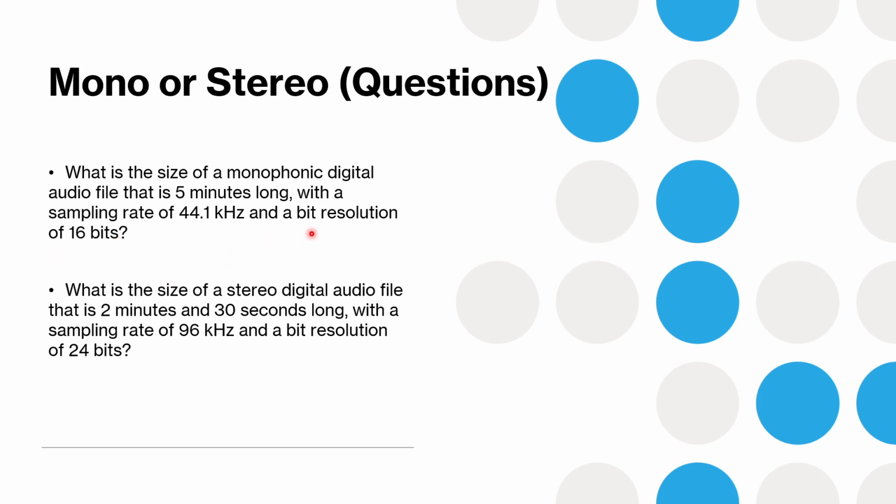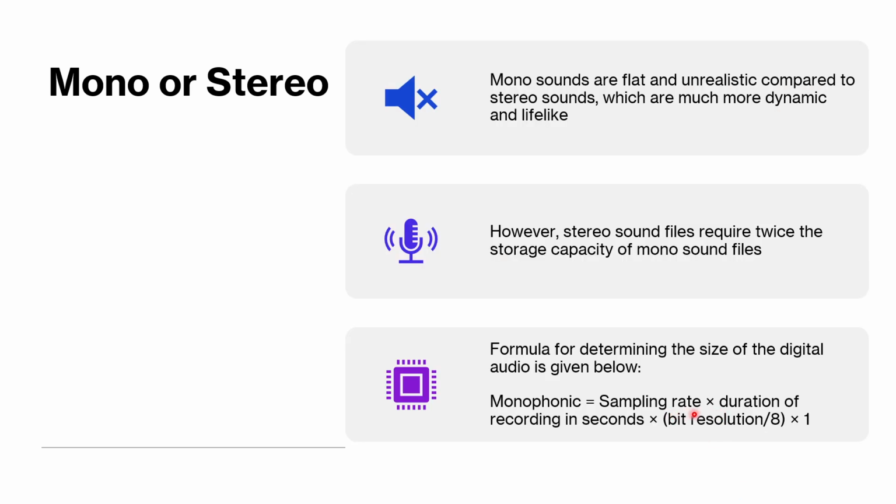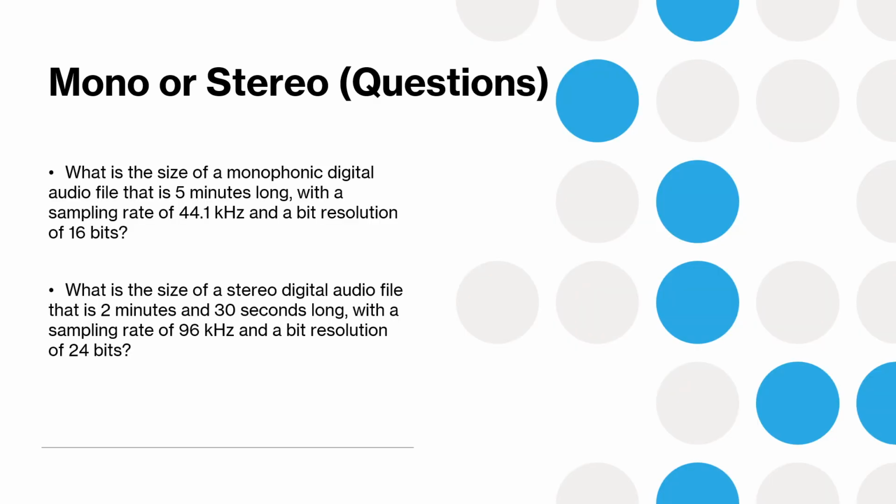From the definition, the monophonic digital audio file size is equal to the sampling rate times the duration of the recording in seconds times the bit resolution over 8 times 1. 1 mainly because it is monophonic.